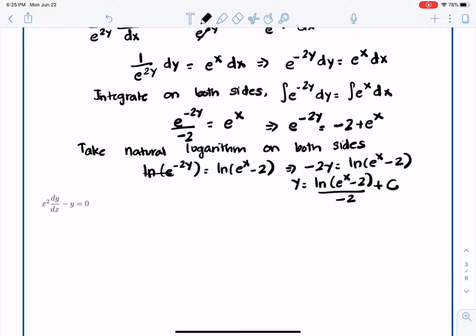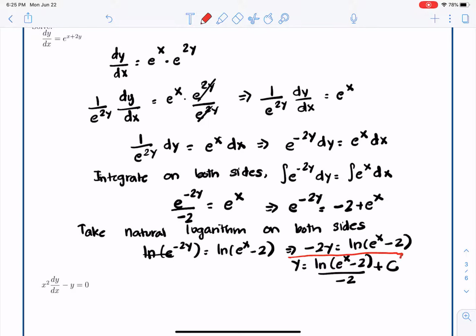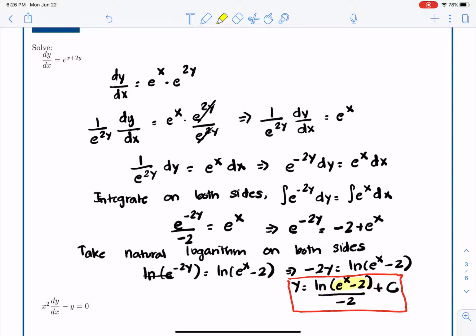Since we have determined the solution to be ln of e raised x minus 2 divided by minus 2 plus c, that particular solution will only exist if the e raised x minus 2 part is greater than 0, because we want the natural logarithm to have values greater than 0, because the domain cannot include negative real numbers.